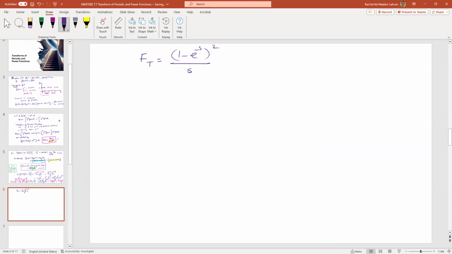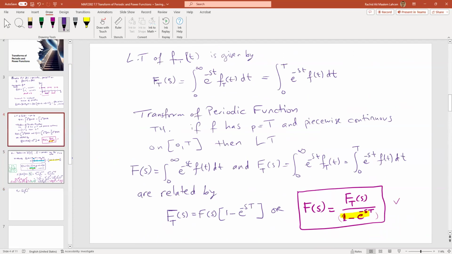Okay, so now you'll ask, what are we doing in the first place? We're finding the Laplace transform for this periodic function. It's always piecewise continuous and all that. And here is the formula. Now that we found this, we need to divide by these two terms here.